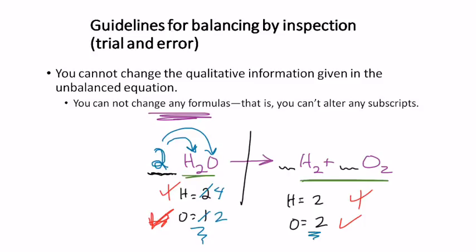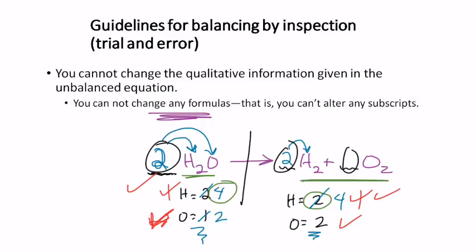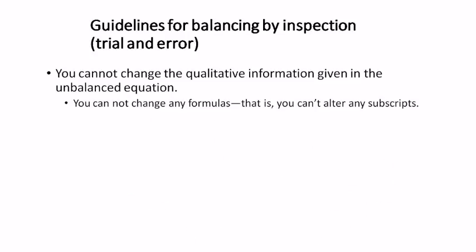So now for my hydrogens, I've got 4 here, and I've only got 2 here. I can get 4 on the product side if I put a 2 here. Now I can adjust that to a 4, and voila! You have balanced it. Coefficients of 2, 2, and 1 will balance that. So do not change the subscripts.